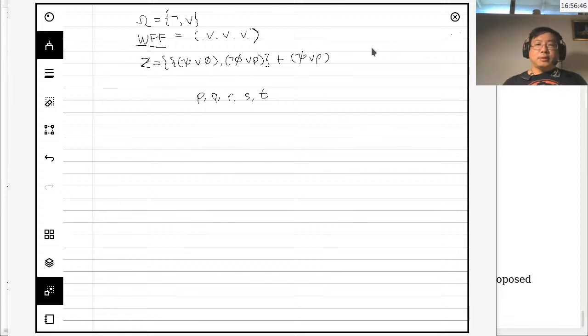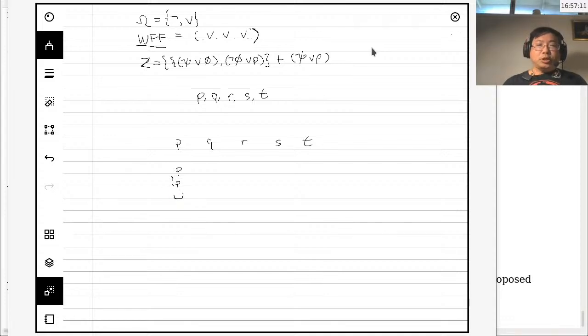So I'll let you guys think about it a little bit. And the way to think about it is like this. You look at P, Q, R, S, T, and then you look at each expression and say, what are the possibilities revolving around P? We can have P unnegated, we can have not P, and we can also have nothing here.